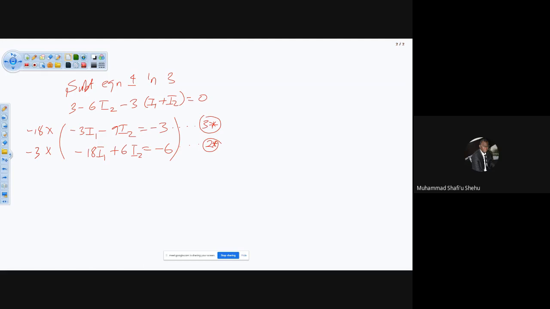And we're going to have minus 18 I2 equal to, for the first one, by multiplying all through by minus 18. Then for the second one, by multiplying all through by minus 3 multiplied by 6, we're going to have 1. Oh, sorry, that was a mistake.